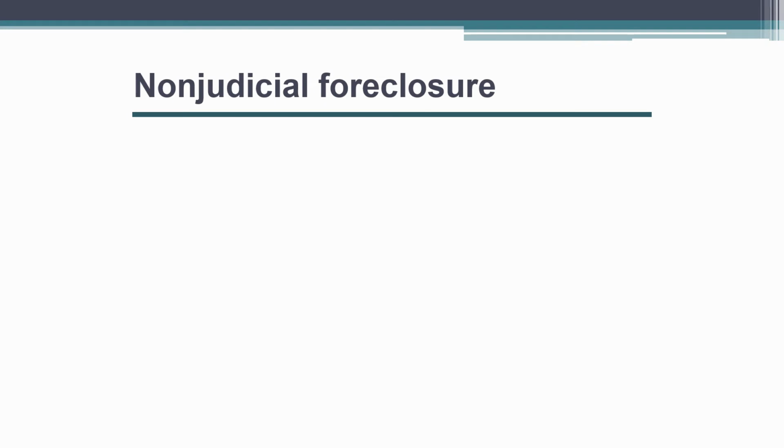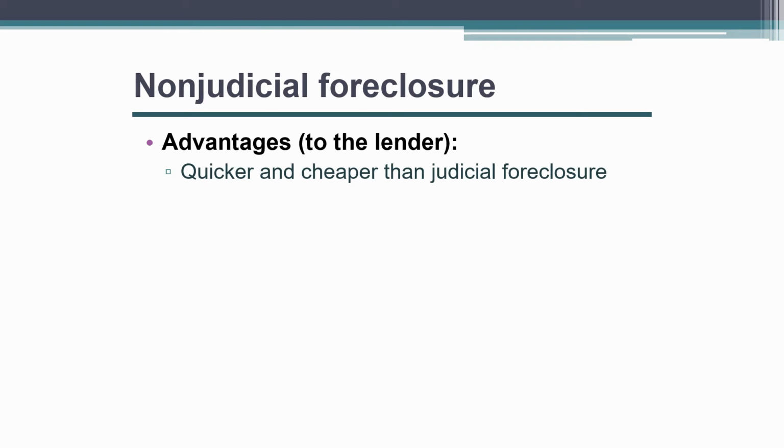Non-judicial foreclosure has certain advantages to lenders. First of all, it's generally quicker and cheaper than judicial foreclosure. Obviously, you don't have to spend the money on attorney's fees to take the foreclosure suit to court if you can use the non-judicial foreclosure.